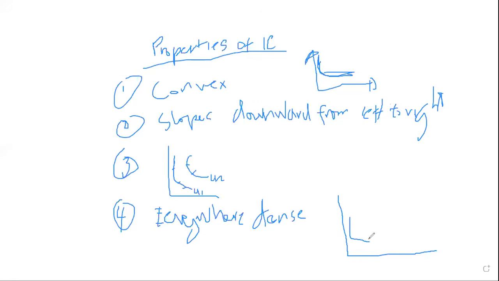So every point in this space will have an indifference curve. There are so many indifference curves in this commodity space. So that's why we are saying they are everywhere dense. Indifference curves are everywhere dense. Every point in the commodity space has an indifference curve passing through it.